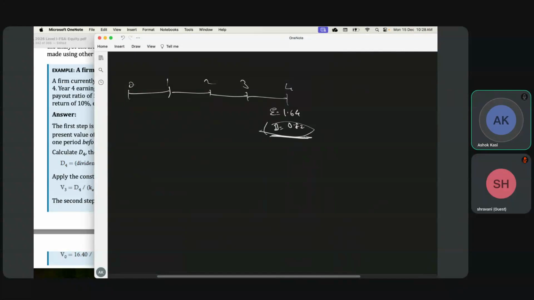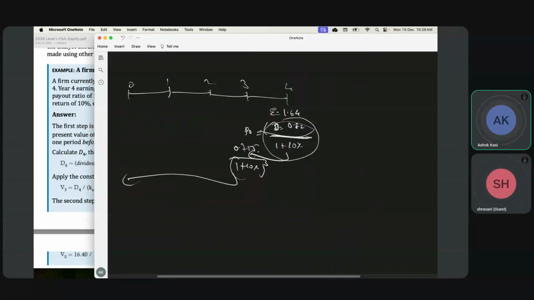If I think of this as the expected dividend, divided by 1 plus required return of 10%, it will push 1 year back, P0. Just calculate this value, 0.82 divided by 1 plus 10%. 0.755 divided by 1 plus 10%. This is for 3 years.